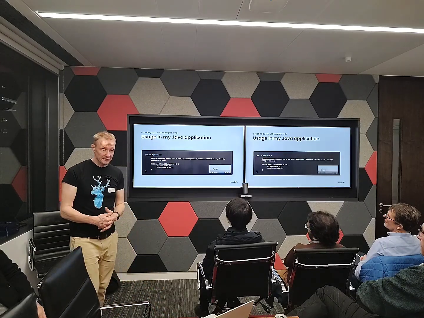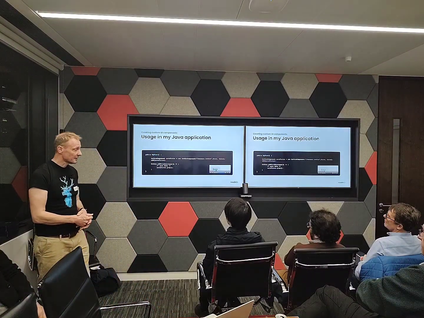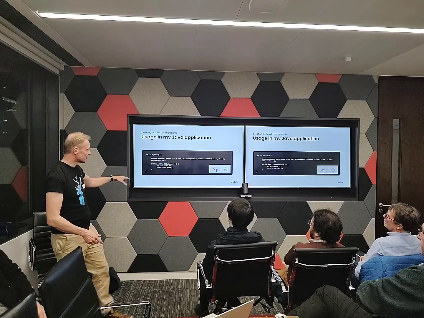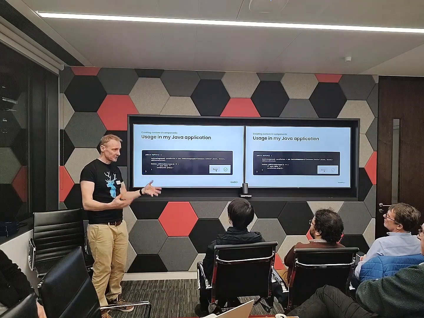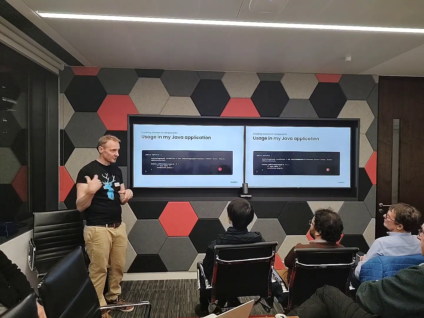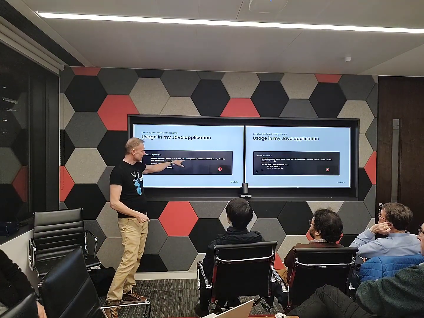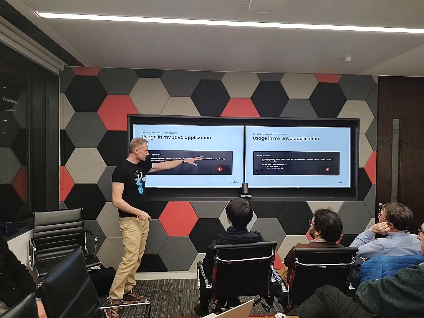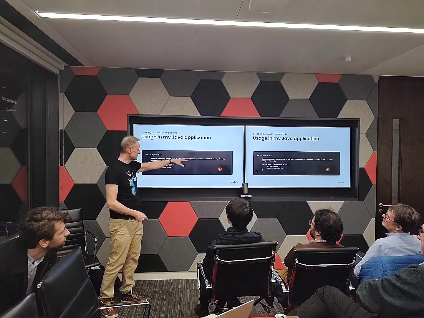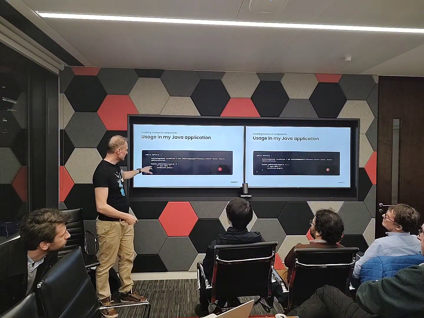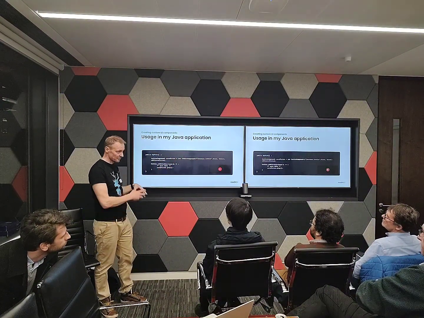And the benefit is that after this, I can use it in my application. So in Java, when I start actually using it in different parts of my application, I can say which animation I want to play, and whether I want to play it immediately or not. And then I can call the Java API to play it.